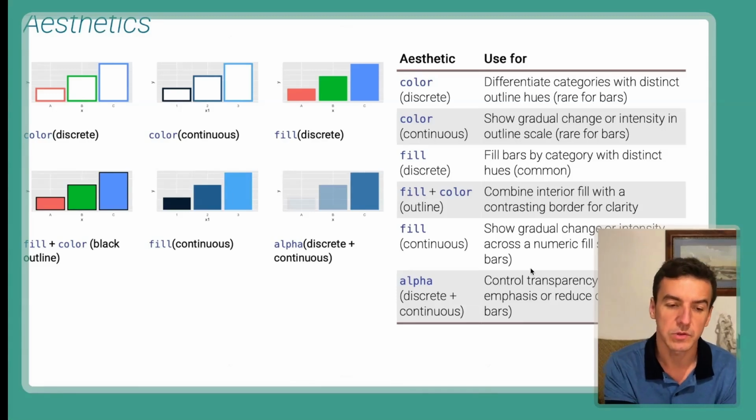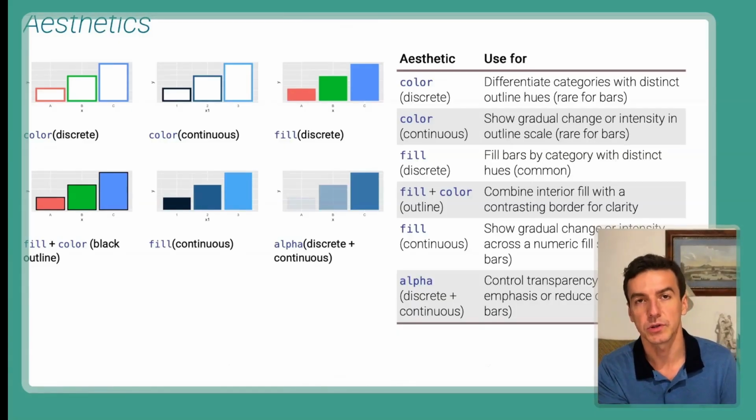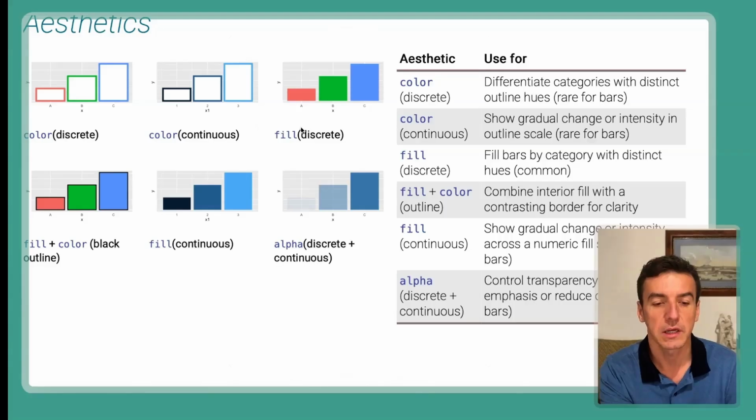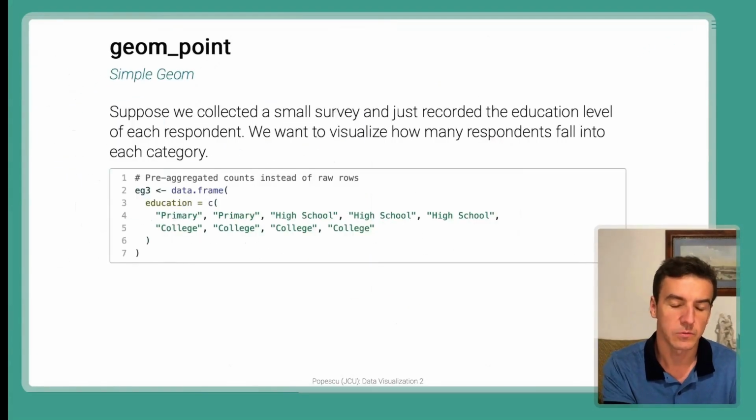Continuous fill, that's also slightly rare. And then the same thing with transparency. So it's technically possible, but thinking about what kind of graphs many scholars use, I would say that it's mostly fill and color. So let us look what that would look like in our case.